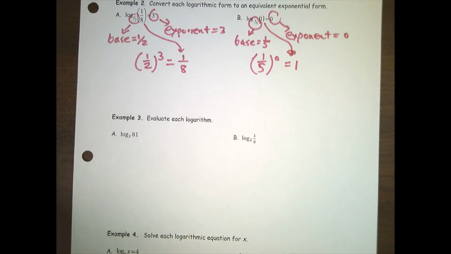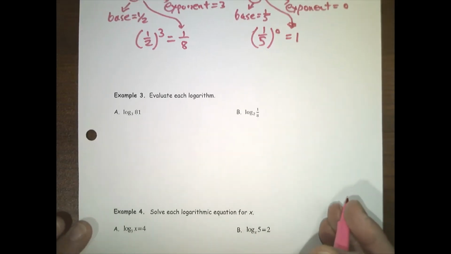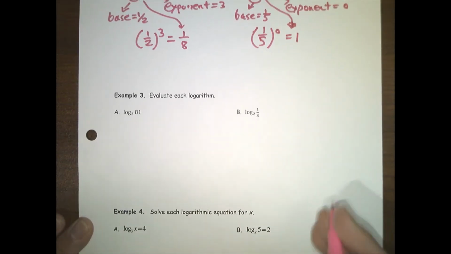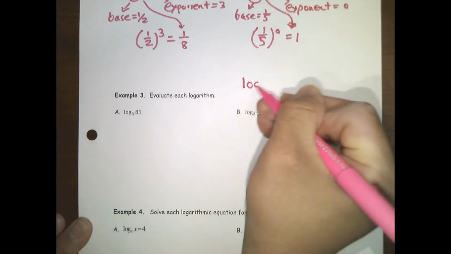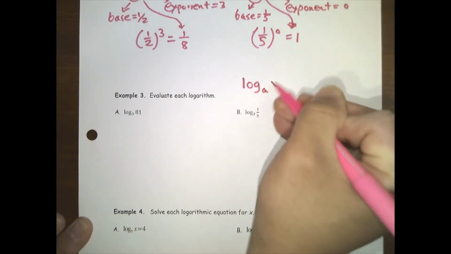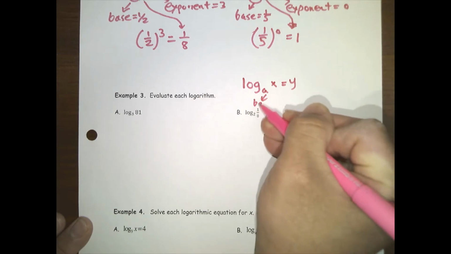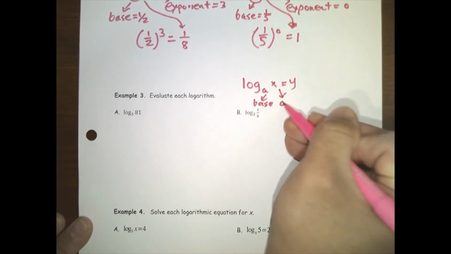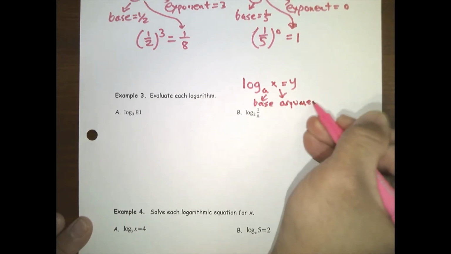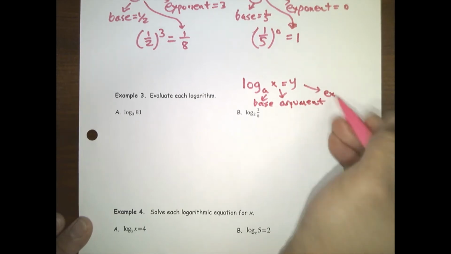All right, so now if I want to evaluate each logarithm, remember that each logarithm is going to have 3 parts to it. Log base a of x equals y. So a base, an argument, and an exponent.